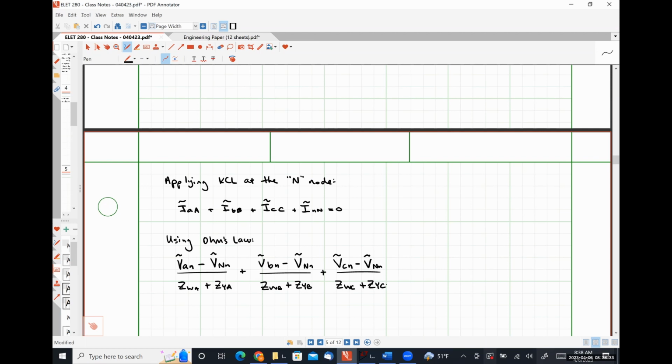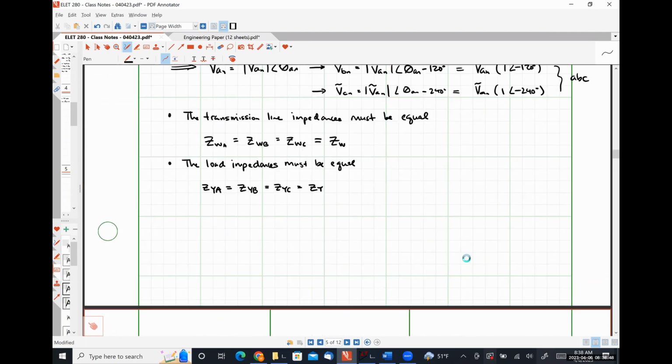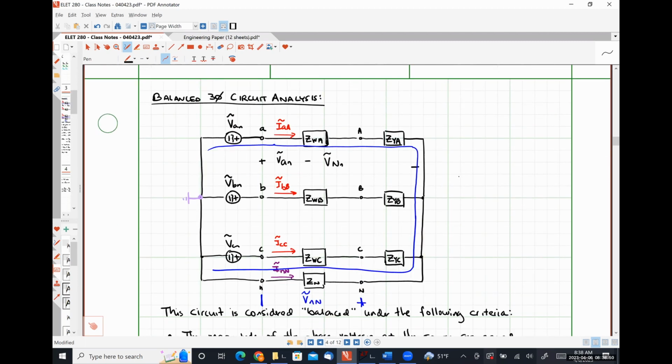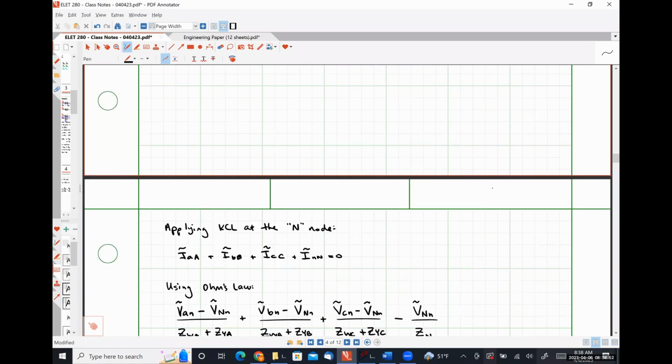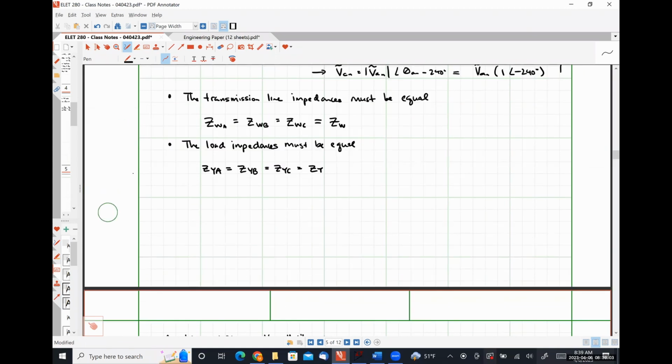And then I need the current flowing through my neutral conductor. So that's just going to be negative V capital NN divided by ZN. Let me make sure I'm using the right notation here. Yes. Okay. Is equal to 0.